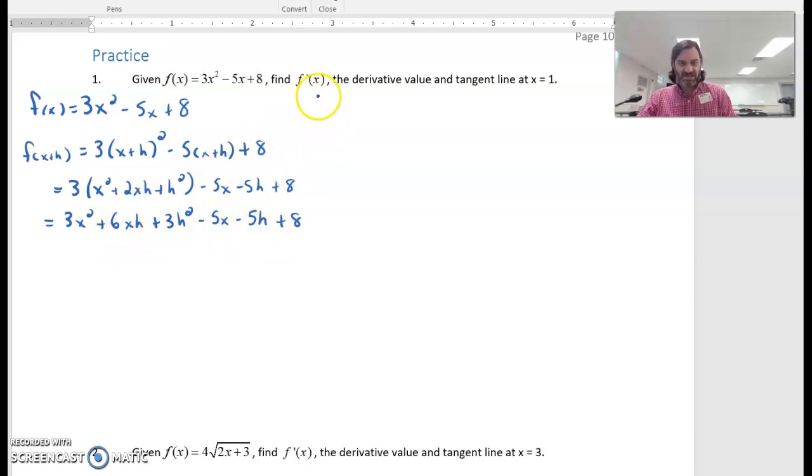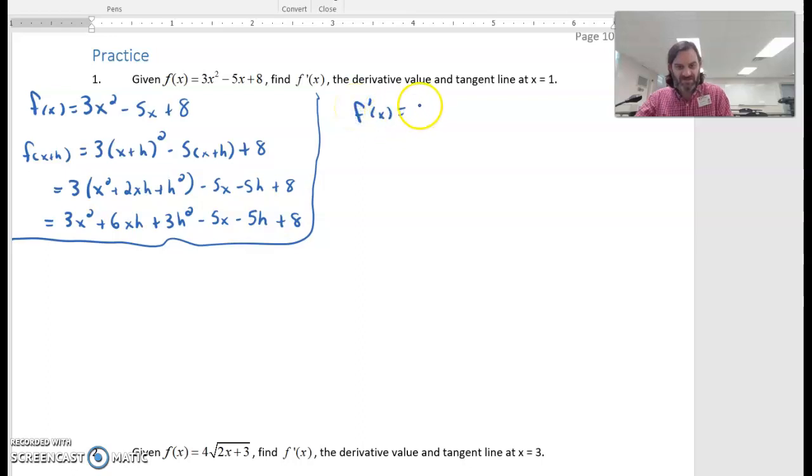So that is a little bit of work just getting things ready to use the limit formula. The limit formula for the derivative f prime of x, remember, was the limit as h approaches 0 of f of x plus h minus f of x, all over h. So let's plug in what we just found. We've got the limit as h approaches 0 of f of x plus h. We did a lot of work getting that together.